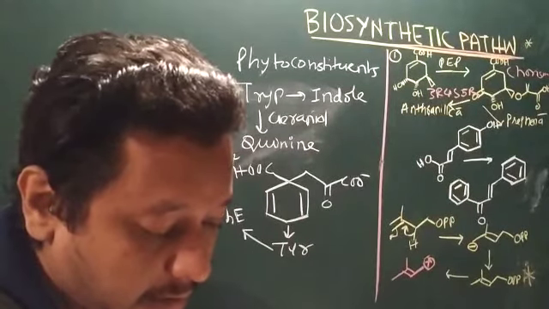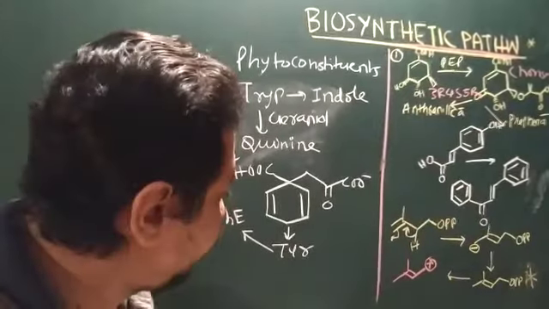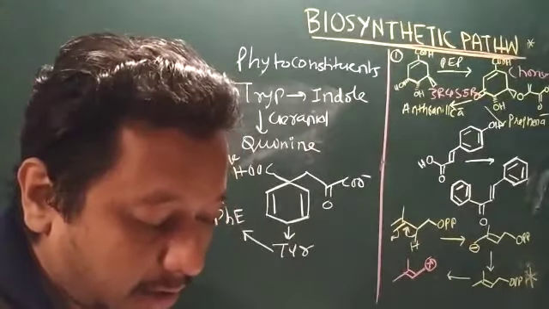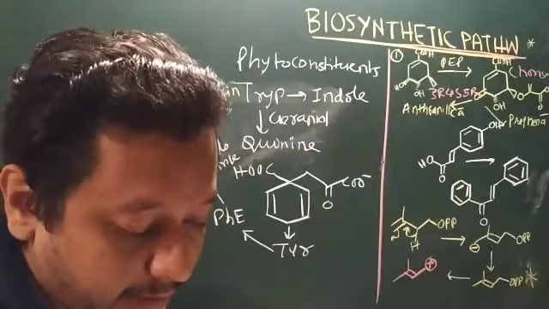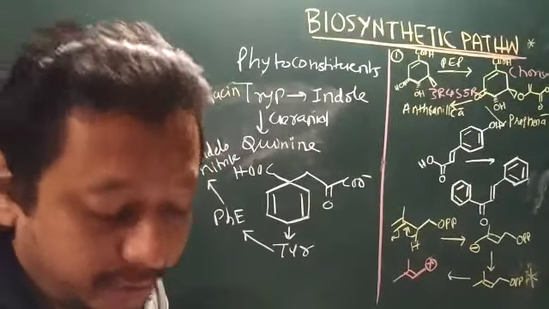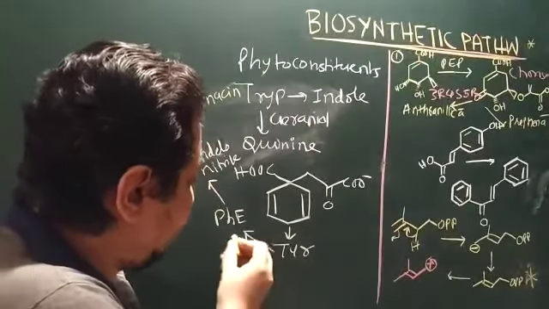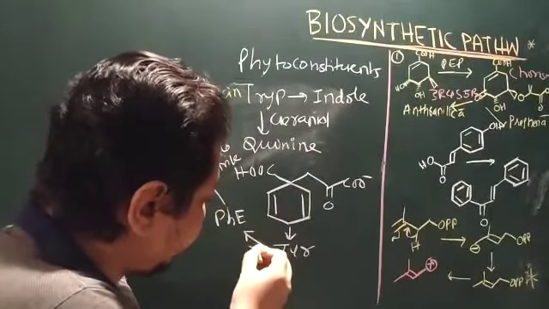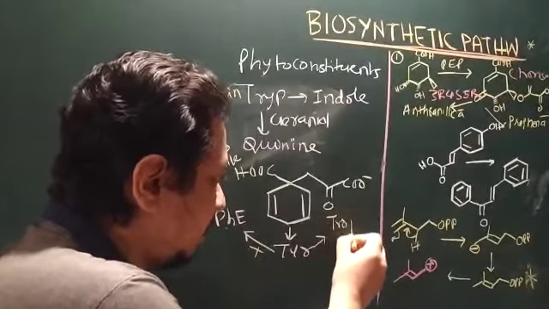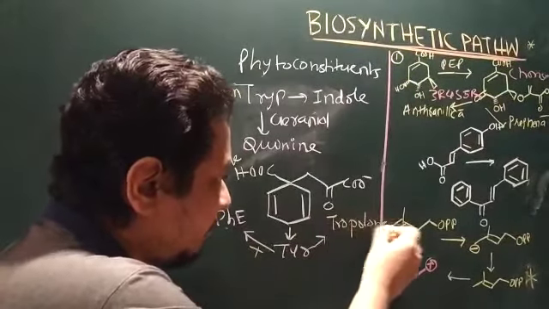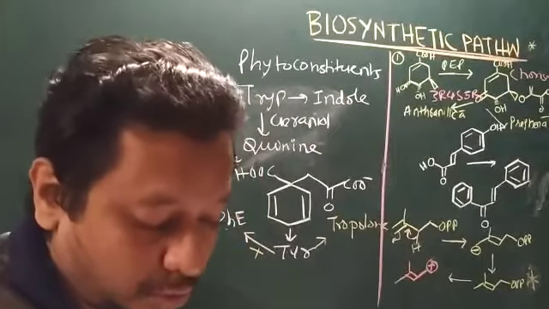Then after that, from phenylalanine you can get different alkaloids like isoquinoline type alkaloids like papaverine. Then phenanthrene alkaloid, morphine, and tropolone alkaloid. Phenylalanine and tyrosine, both of these two can give you the tropolone alkaloid, that is colchicine, via an intermediate known as phenethyl isoquinoline.